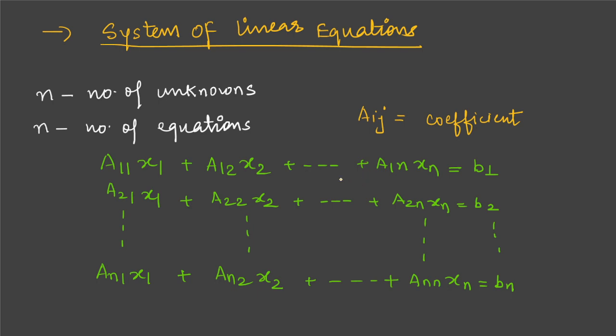I don't think there should be any problem for all of you, especially the mathematics students. In short, we can also write it in matrix form. So a21, a22, then we have a2n here, and similarly we have an1, an2, and then ann.